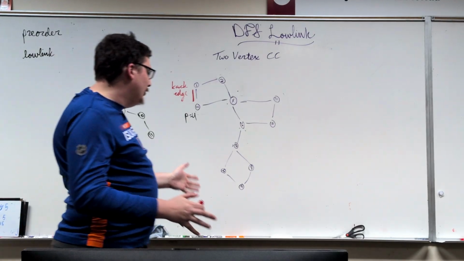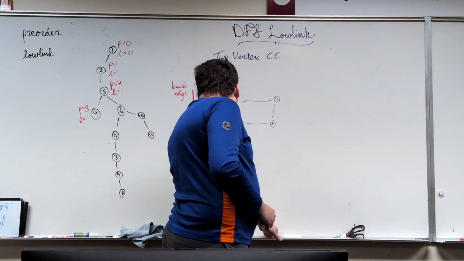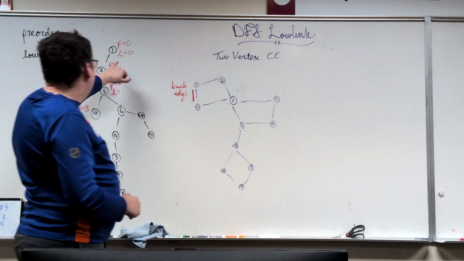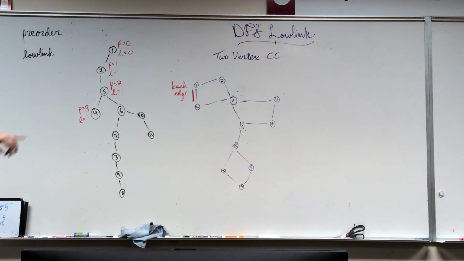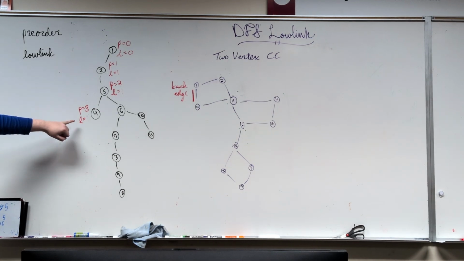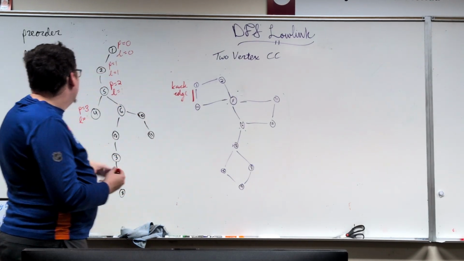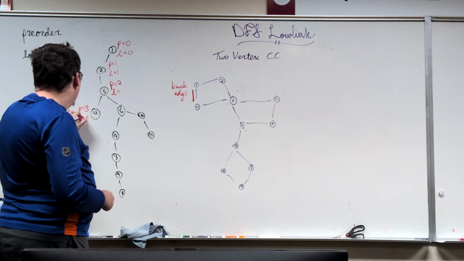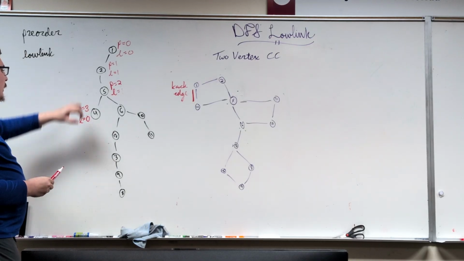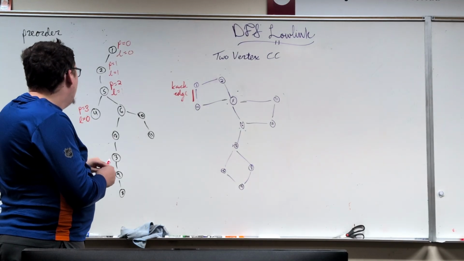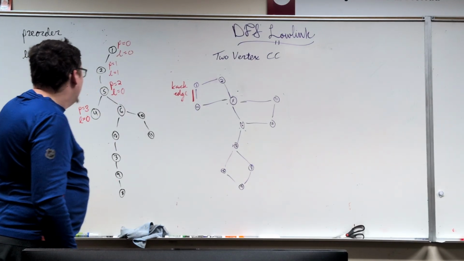It doesn't matter which one you use as long as you're consistent. Since I already started filling out the pre-order 0 indexed here, I'll keep going 0 indexed. So 4's pre-order should be 3. 4 has a back edge back to 1. 1's pre-order is 0. So 4's Lowlink should be 0. 5 will min its Lowlink with 4's Lowlink. So 5's current Lowlink is 0.